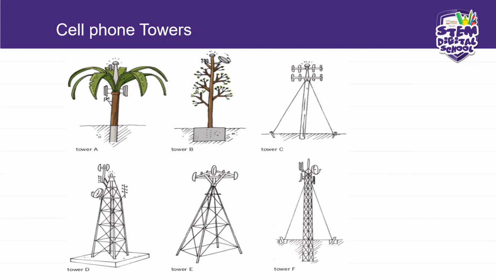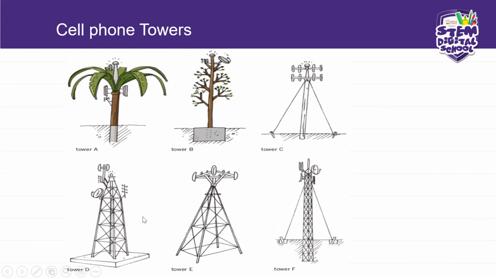Tower C is a pole, and then it has hoisted that cell phone tower, the transmission unit for signal, but it is held down by some ropes, supports, or guys.